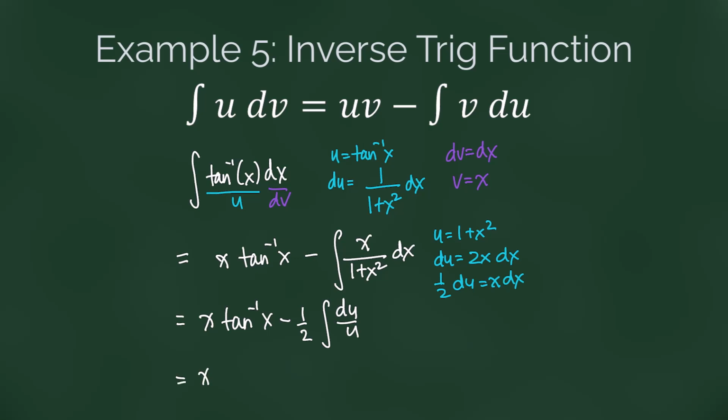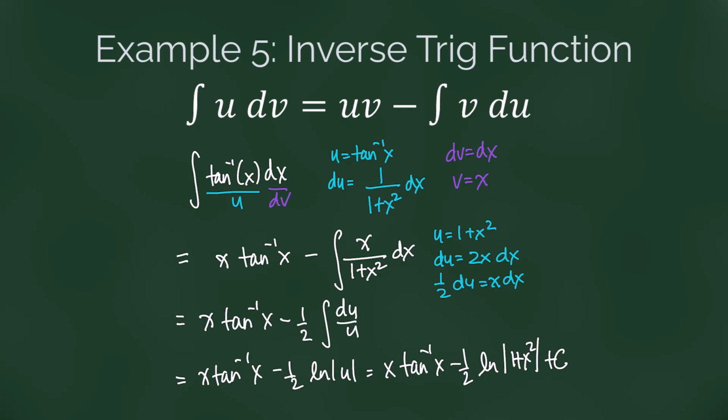We know that that is the natural log of the absolute value of u, so we get x inverse tangent of x minus 1/2 the natural log of the absolute value of u. And our final answer is x inverse tangent of x minus 1/2 the natural log of 1 plus x squared when we back substitute, plus our constant c.